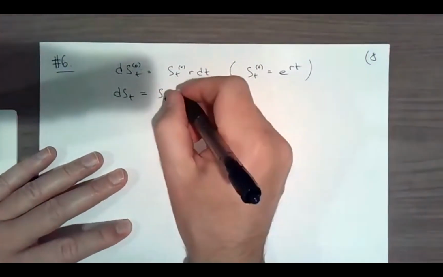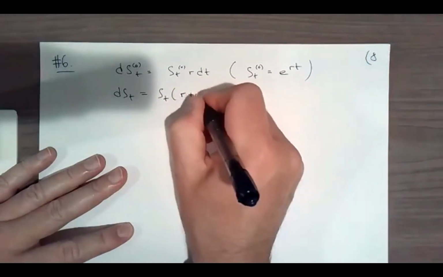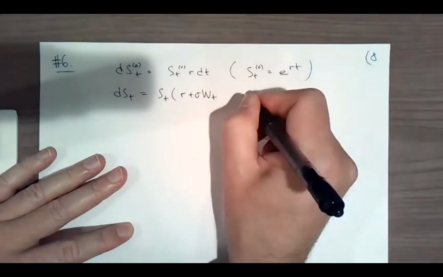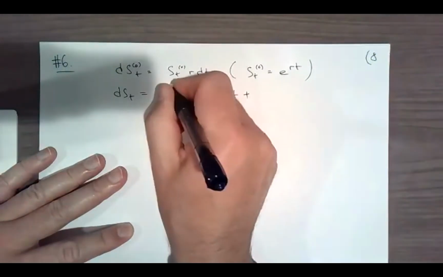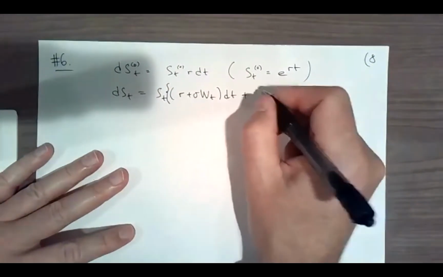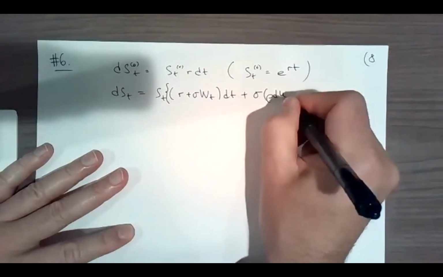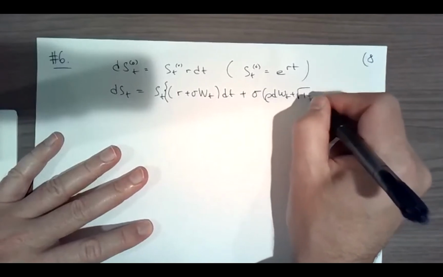So dS_t is equal to (r plus sigma) W dt, plus, and then there's a sigma. Again, you see this correlation with the rho. That was what we had before too.